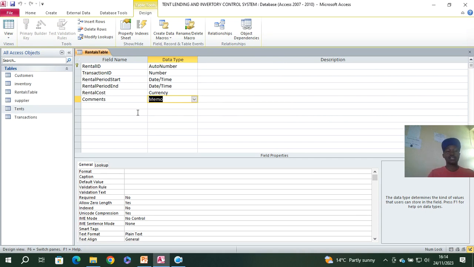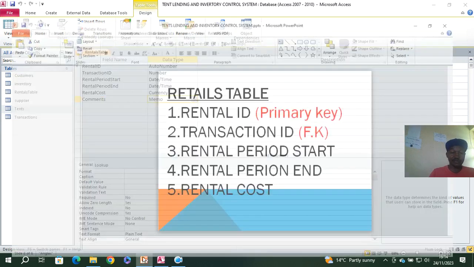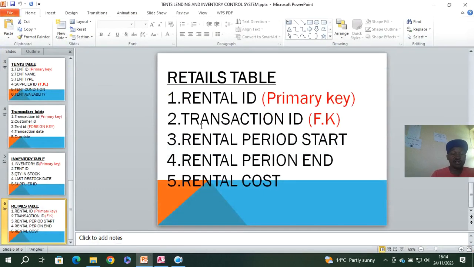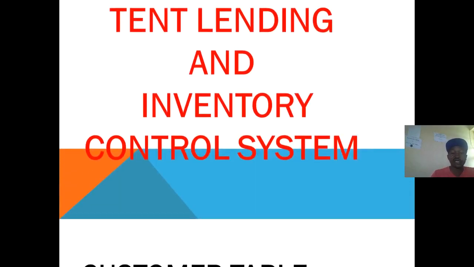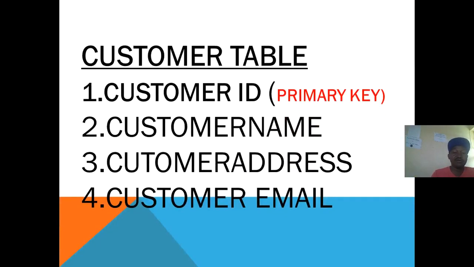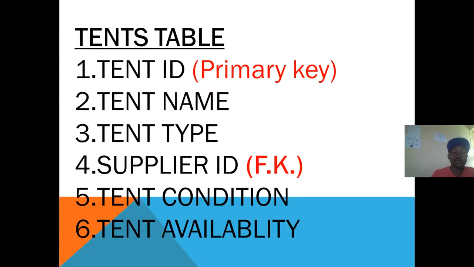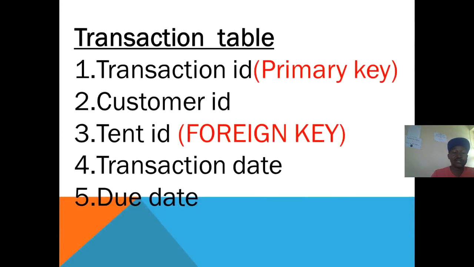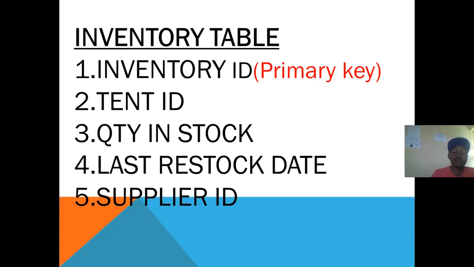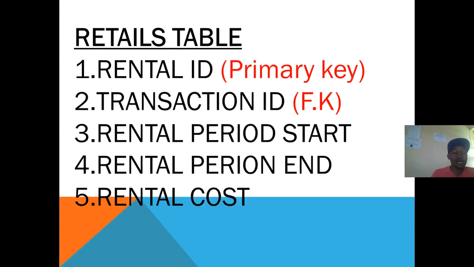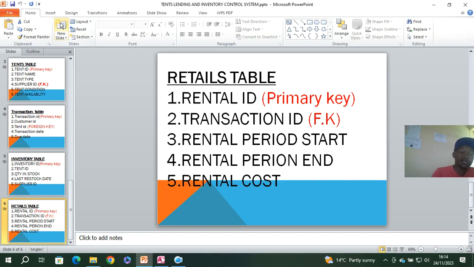So these are the tables that are involved, guys, just like we have looked at them one by one from this point here. You can notice that these are the tables: customer table with the fields, we have rentals table, we have transaction table, we shall also have inventory table. This one should be really rentals table. You can look at that.